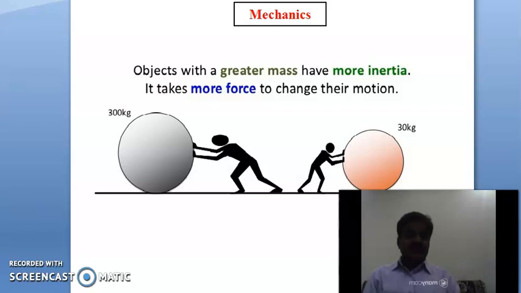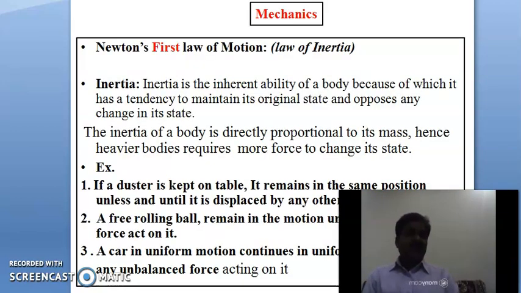More inertia, in the sense, because of more mass, inertia is more. Inertia of the object is proportional to the mass. Inertia depends upon mass. The more the mass, the more is the inertia.